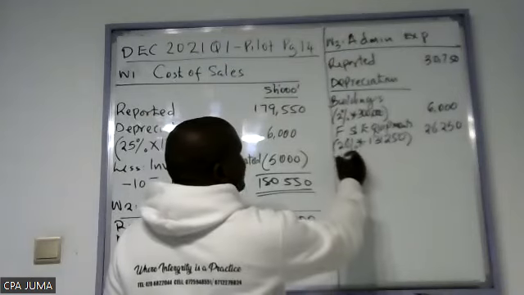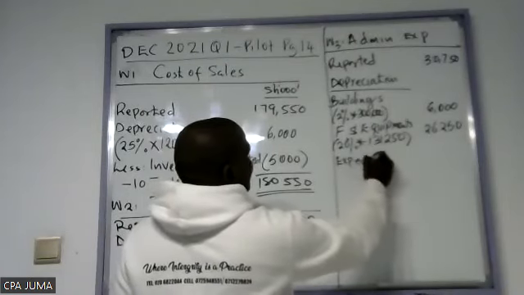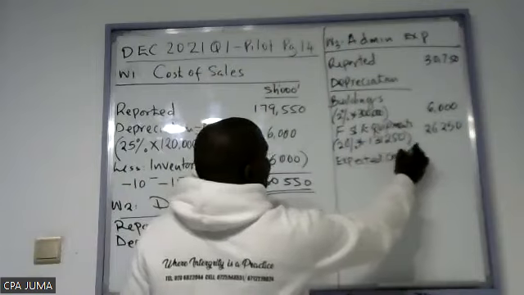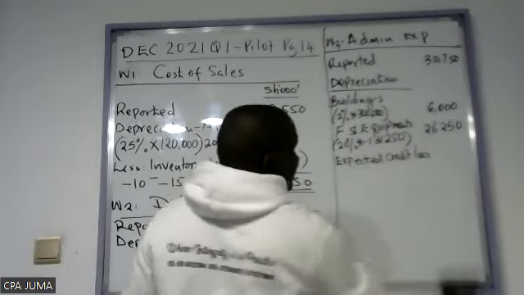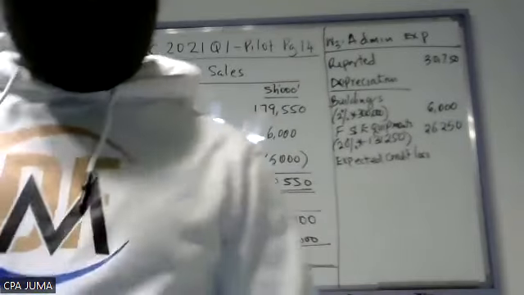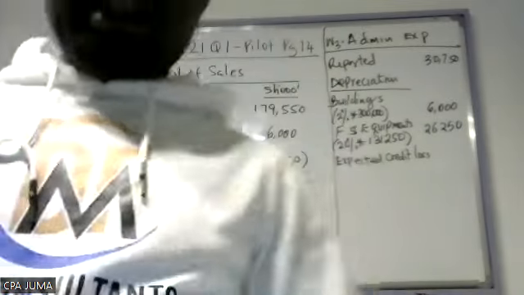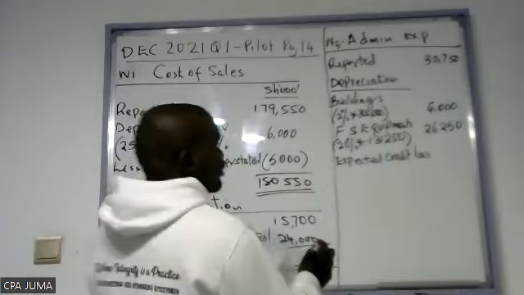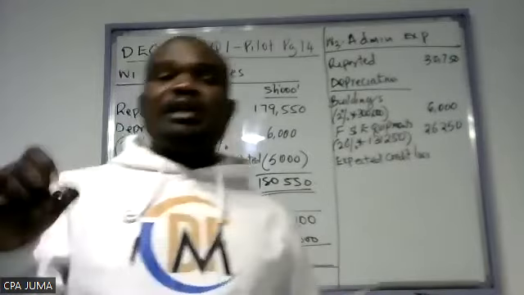So the expected credit loss will be, you take the probability times that amount.